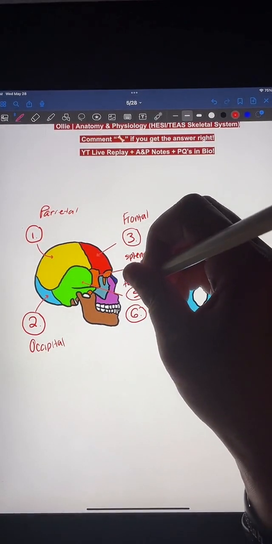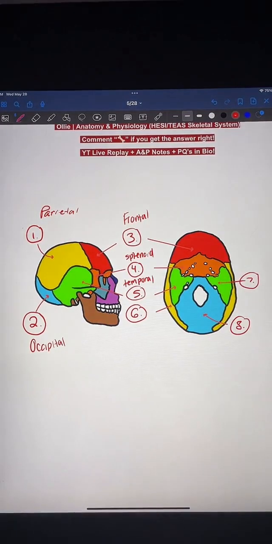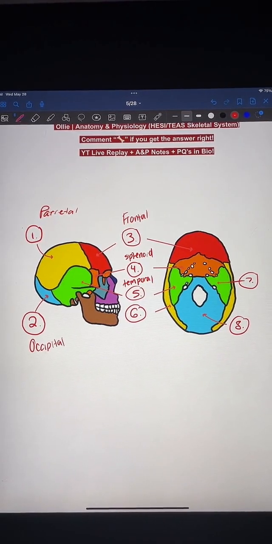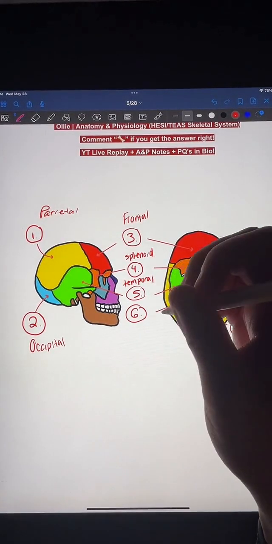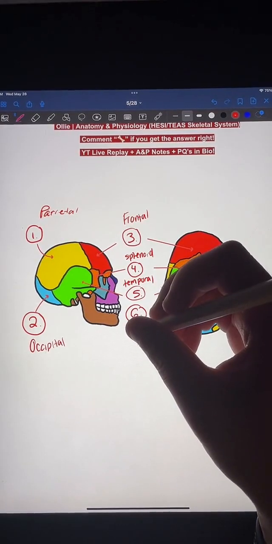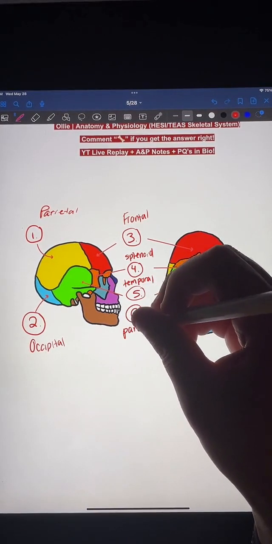Number 5, awesome, is temporal. How about number 6? I might see some repeats in the last couple here, but I just want to make sure we're looking at certain bones from different angles and whatnot. Awesome, it is number 6. Parietal, awesome.